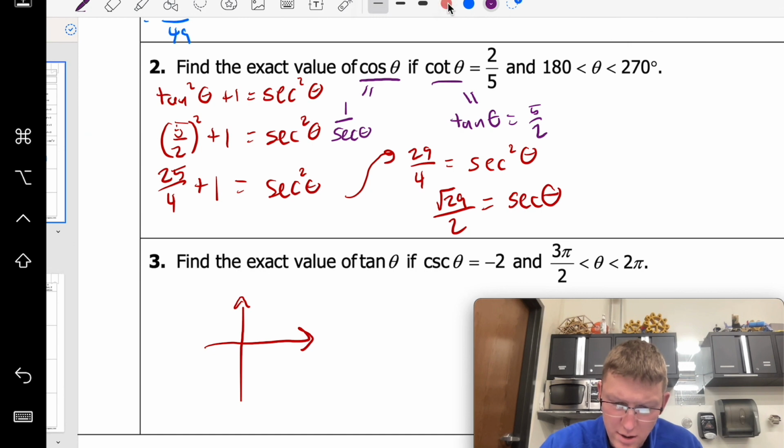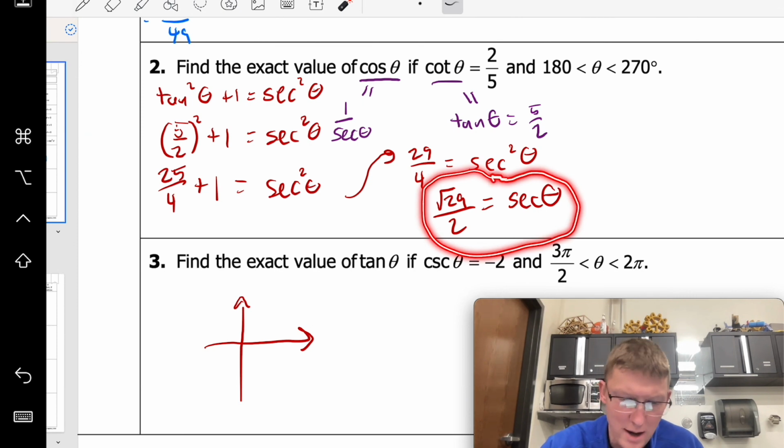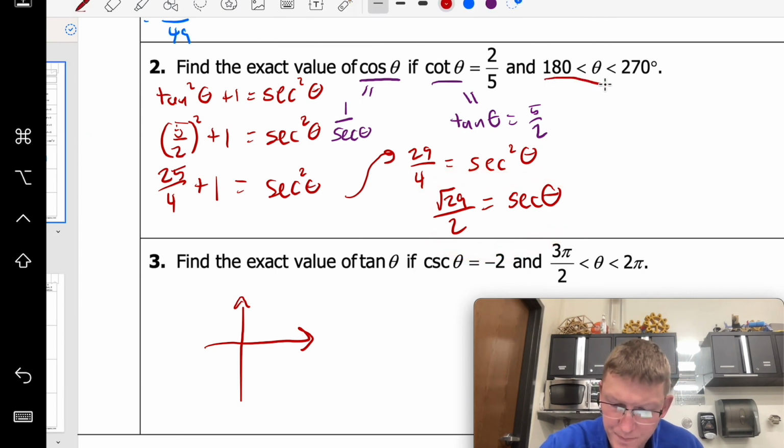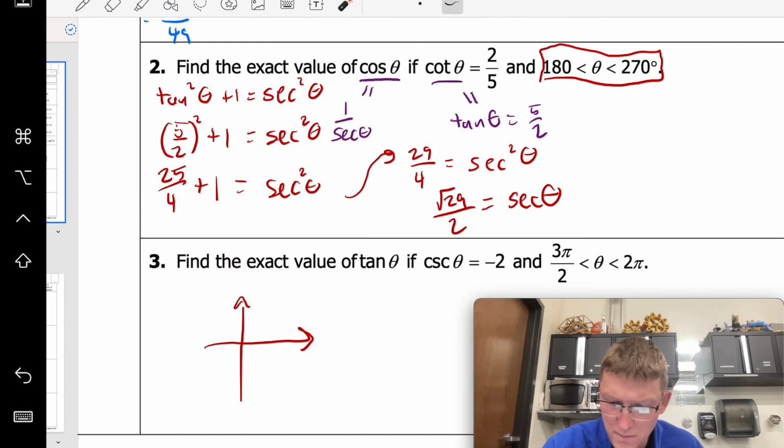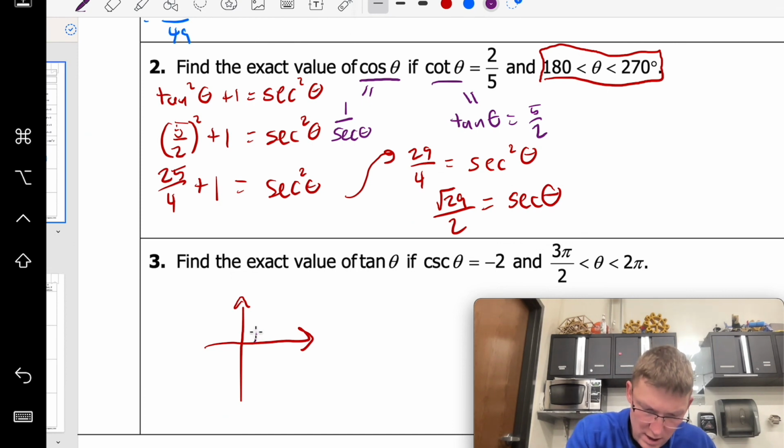Okay, here's where it gets fun. So we just did all this math to figure this part out, but we're not actually to the right answer yet, because this gives us some very critical information. So trig functions can be positive or negative depending on where they fall on the graph. So what I did down here is I drew a quick coordinate plane, and let's talk about 180 to 270. So if I think about, okay, starting here, 180, that's right there, and then 270 is right here. So we're just dealing in this quadrant right there.